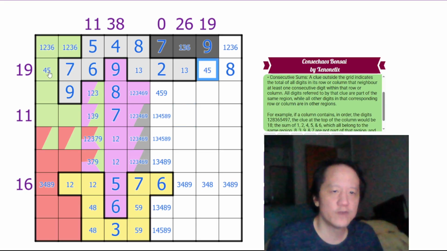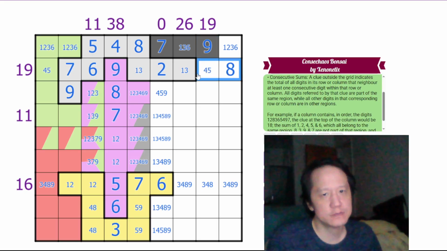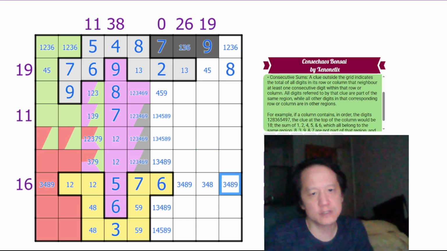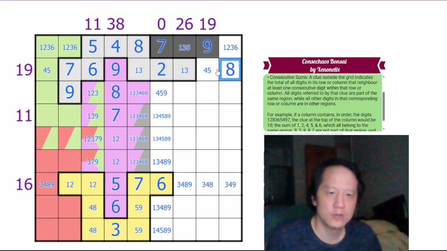This is 4, 5. This is 4, 5. At least one of these two is the dark region, obviously. So this is 8, which means this cannot be 8 here.